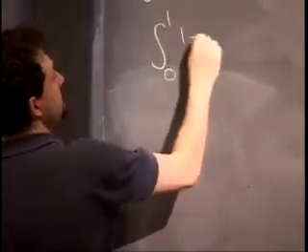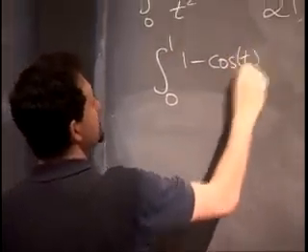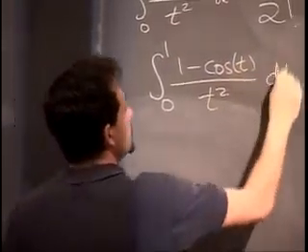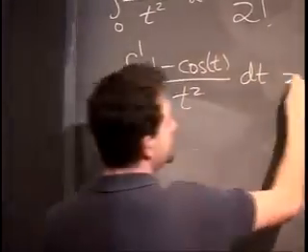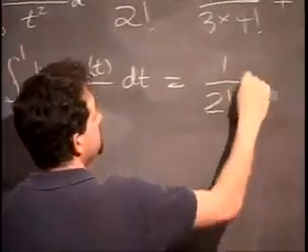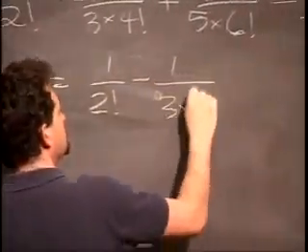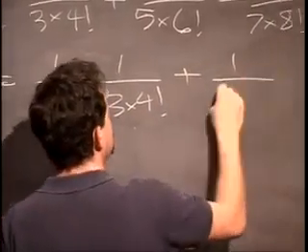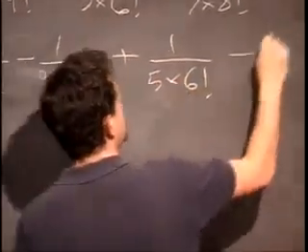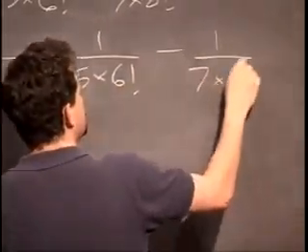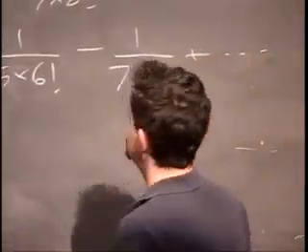Now, here's the deal. We want to estimate this quantity, the integral from 0 to 1. Well, just specialize, plug in x equals 1. And there is the exact answer.